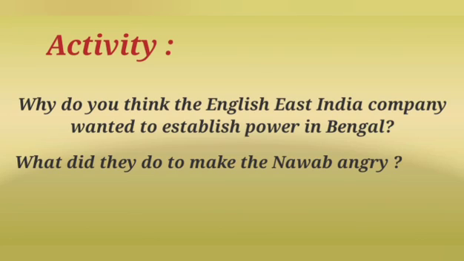And the next question: what did they do to make the Nawab angry? It was also involved in the fortification of the trading post and began to strengthen and defend against the French as it wanted sole rights to trade. So the Nawab was angry.